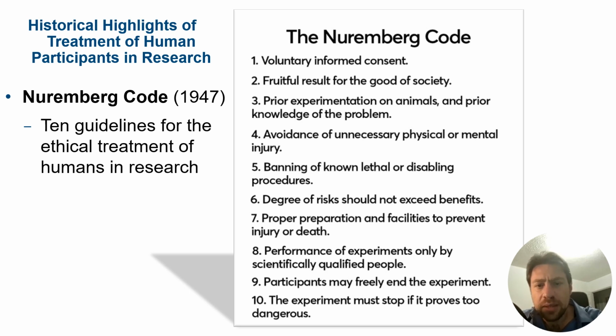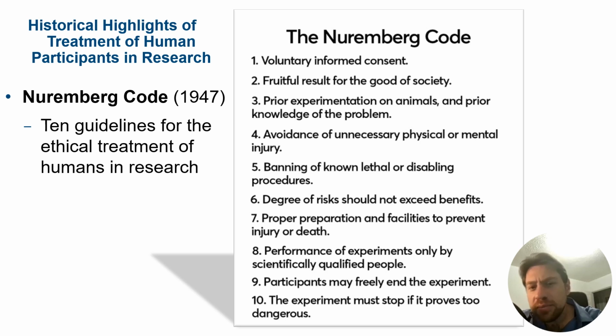Okay. 2, fruitful results for the good of society. And that can mean advancing basic knowledge in some field. But the study should not be random or unnecessary. It has to serve some purpose. It has to be for the good of society. 3, prior experimentation on animals and prior knowledge of the problem.